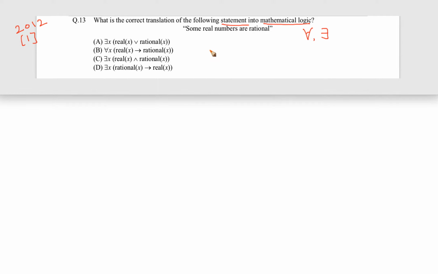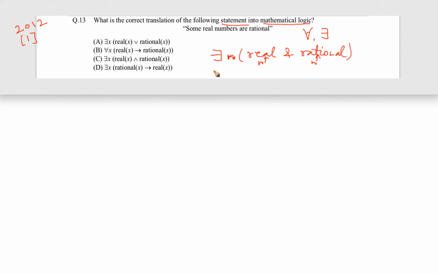Some real numbers are rational, it means there exists some number which is real and rational, right? So this is the way of saying that. There exists some number x, and that number x is real also, and that number x is rational also. That is exactly what it means: if some real numbers are rational, then definitely there exists at least one number which is real and rational.